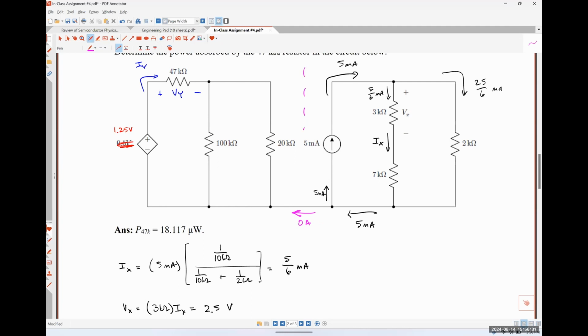So effectively, the left-hand side of the circuit and the right-hand side of the circuit are electrically isolated from each other because we know there's no voltage drop across that short circuit, and we just figured out there's no current flowing through that short circuit. So this little short right here doesn't really play any role in it whatsoever.